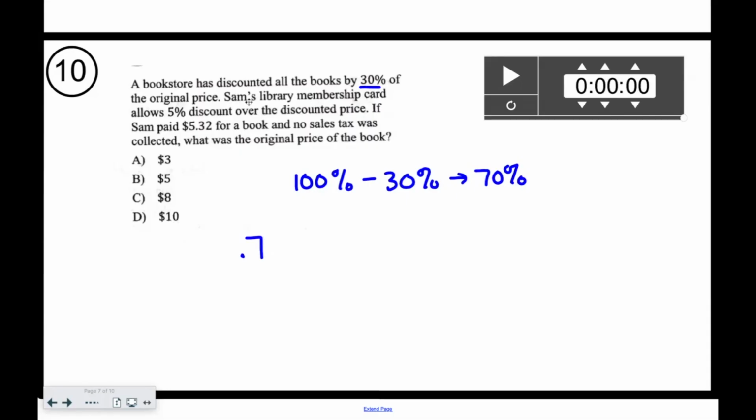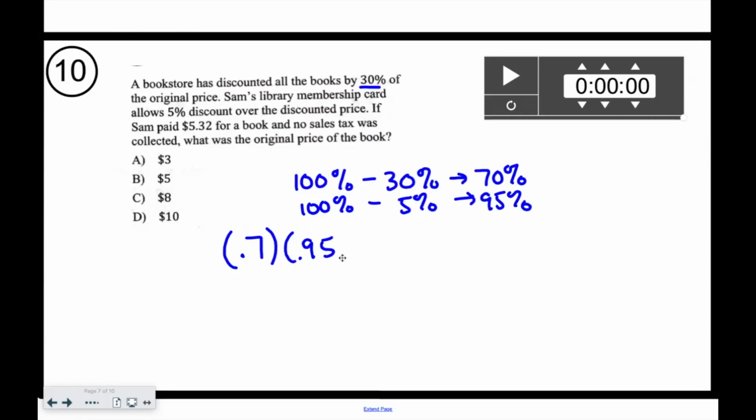So then the library card allows a 5% discount over the discounted price. So we're taking another 5% off. Same idea. If we start at 100%, we take away 5%. We end up with 95%. So that means we're going to multiply by 0.95.